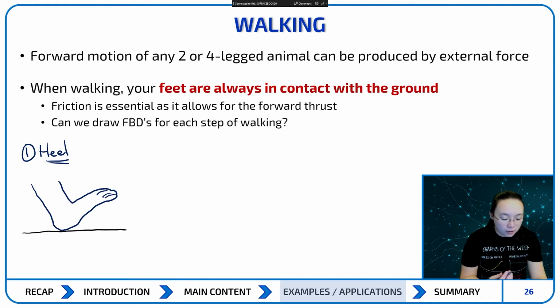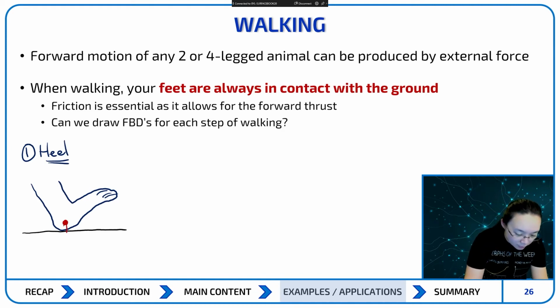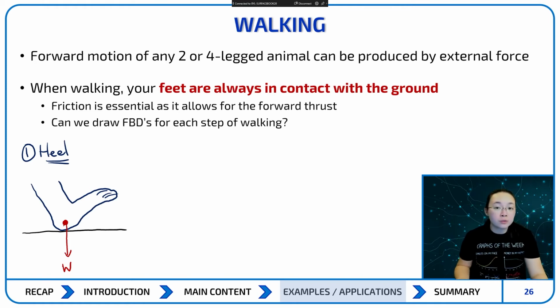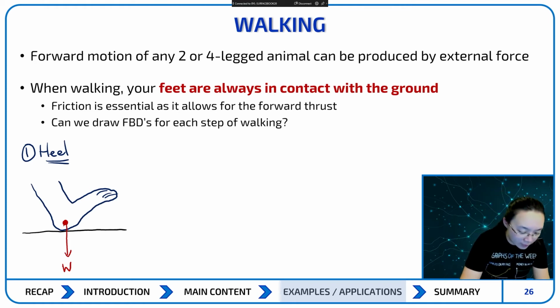I know that in this case, pretending this is a point, there's going to be some sort of weight acting downwards. So W equals mg. But I also know that there's going to be a normal force acting up.